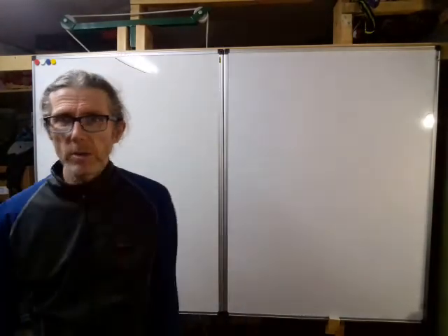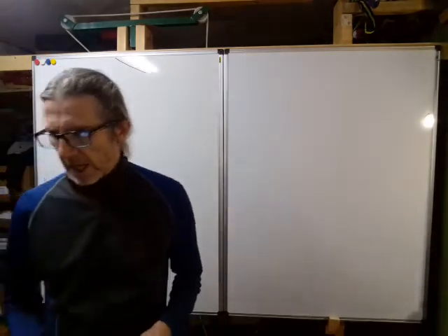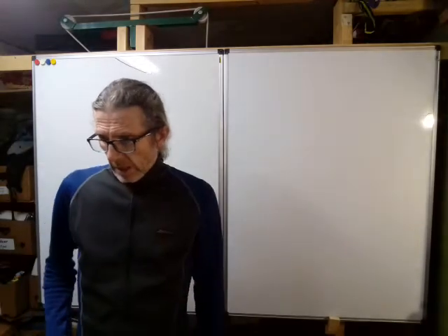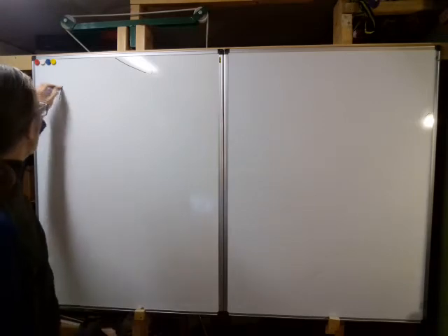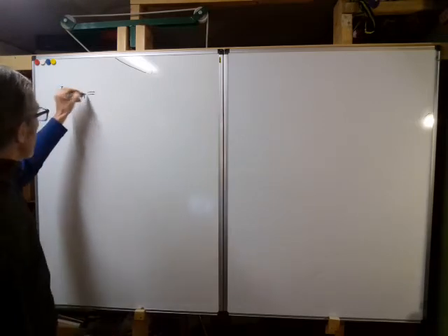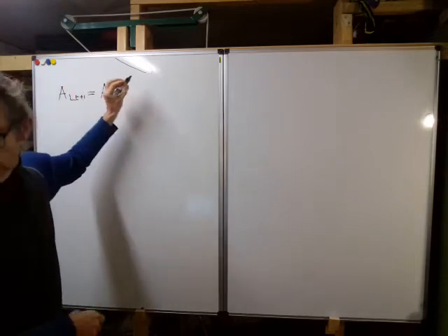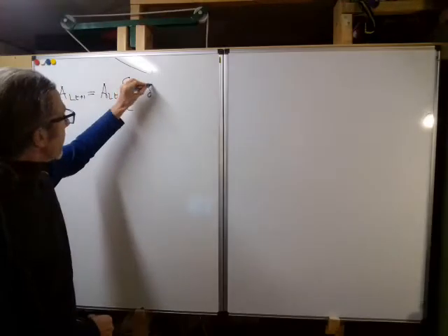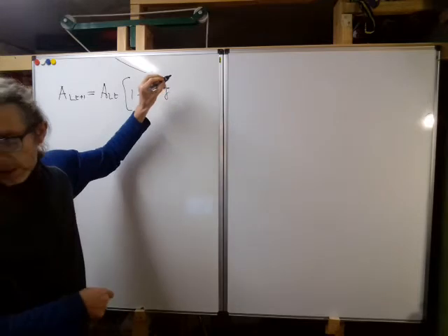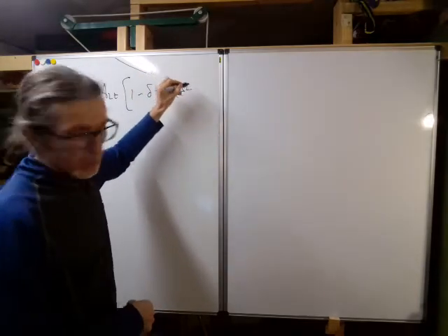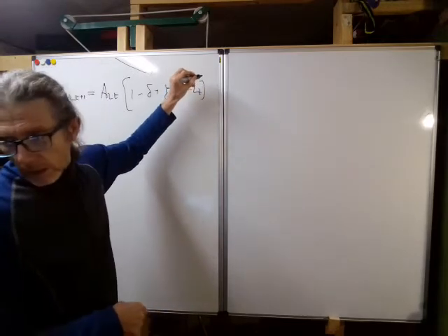Okay, so a few words about endogenous growth. Slide 28. So I think we've seen this before, haven't we? A_{L,t+1} = A_{L,t} × (1 − δ) + ζ × Ω × L_t^φ.